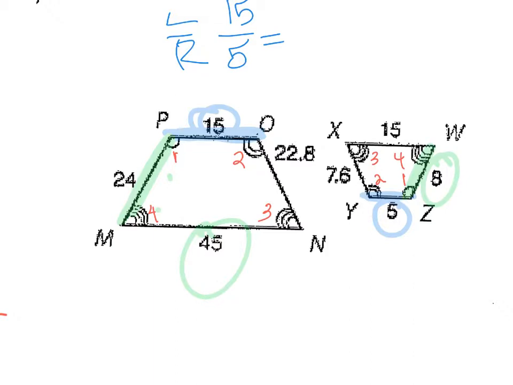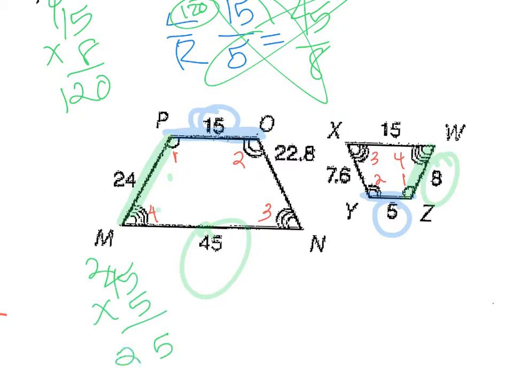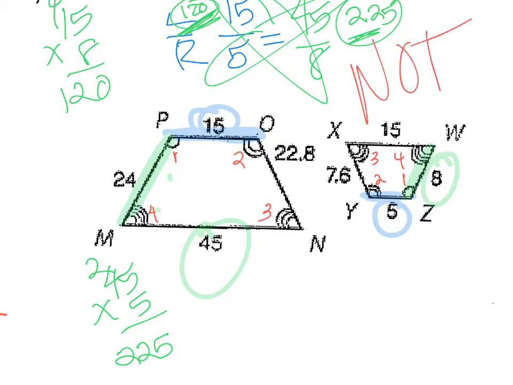So 45 over 8. So we cross multiply. 15 times 8 gives me 120. And then 45 times 5 is 225. So are they similar? No, we got completely different answers here. So not similar.